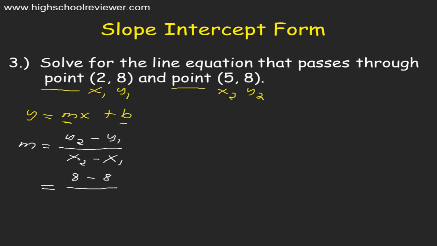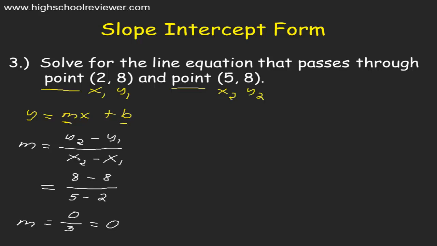Now our x sub 2 is positive 5 minus our x sub 1, which is positive 2. So our slope here will be 8 minus 8 is 0, all over 5 minus 2, that is 3. But 0 divided by any number, the answer is 0. So our slope here for this equation is 0.